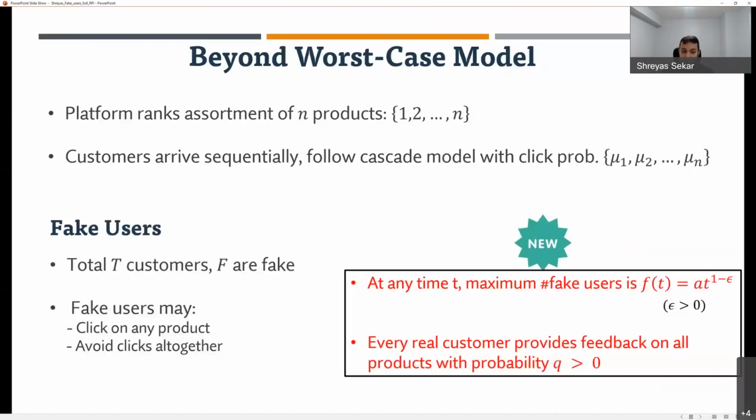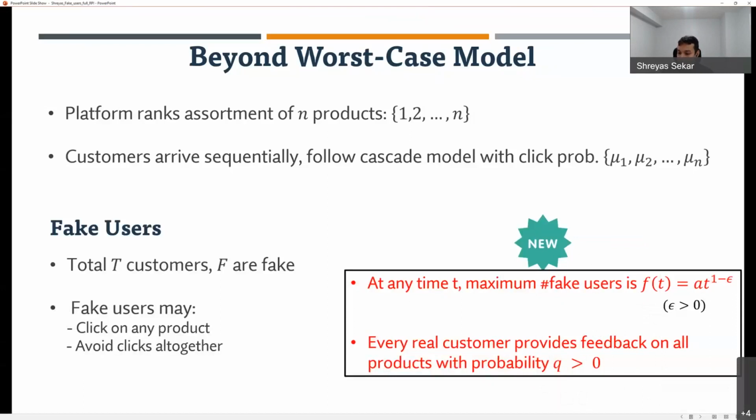I'm going to take the same model that I started out with. I'm still going to assume that my fake users are adversarial in their behavior, but I'm going to make two additional assumptions. Assumption one is that at any given time t, the number of fake users is going to be t to the power 1 minus epsilon for some constant epsilon.